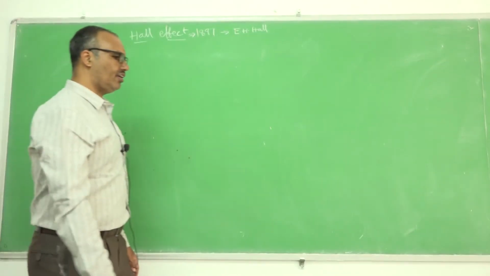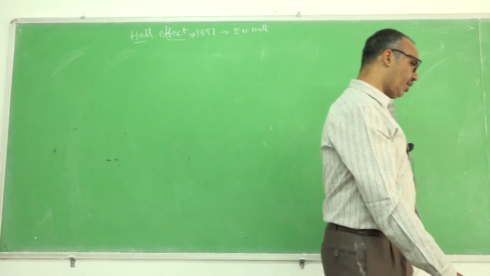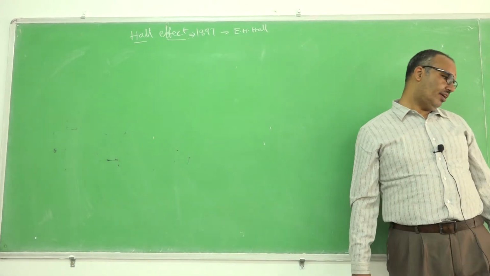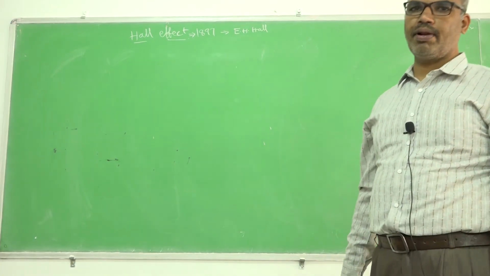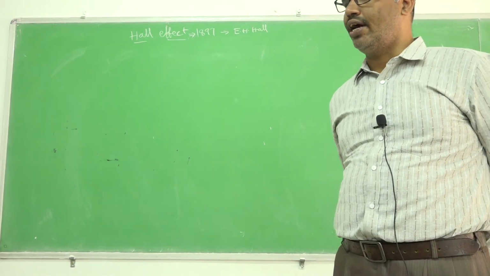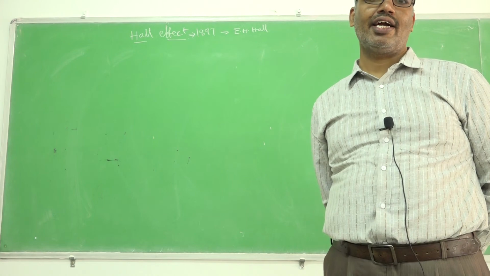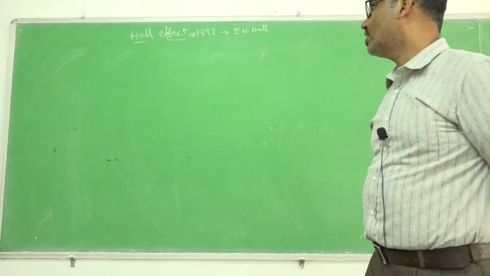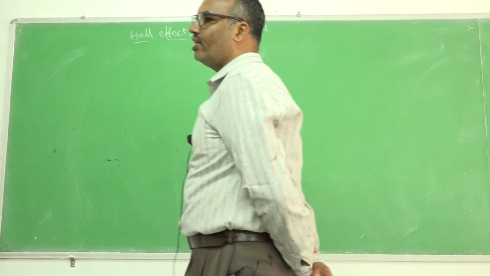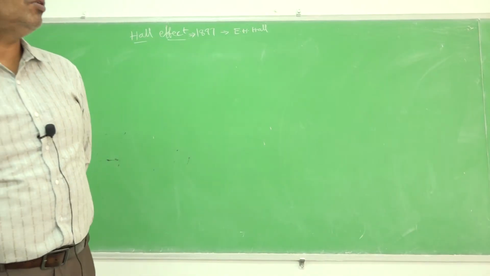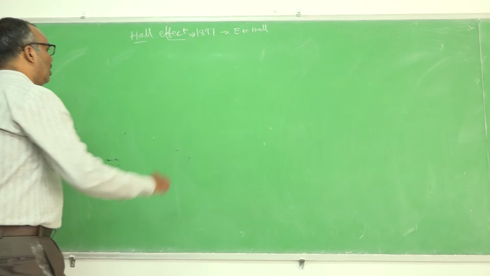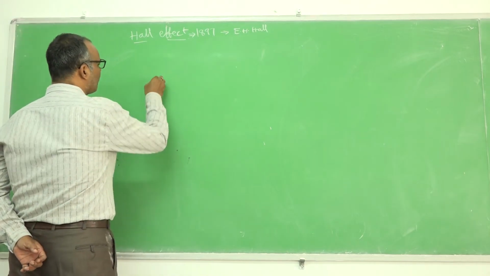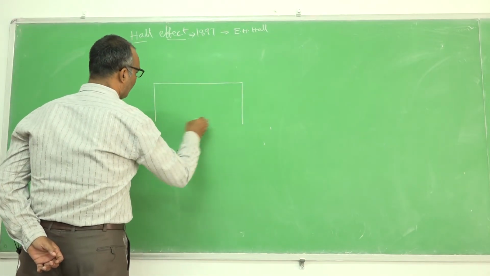According to the Hall effect, whenever we apply a magnetic field across a current carrying conductor in such a way that the direction of the magnetic field is perpendicular to the direction of motion of current. Let me take a conductor like this.